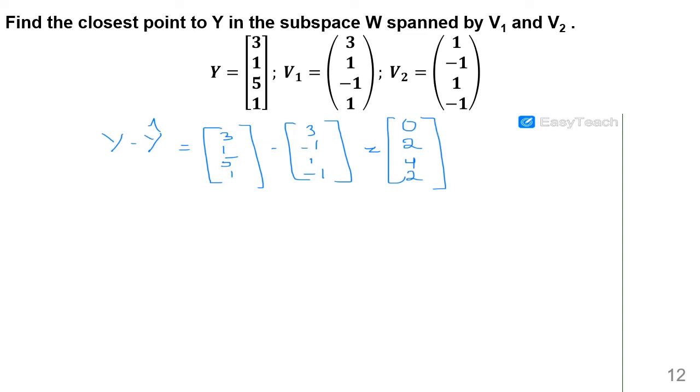We are supposed to find the closest point to y in the subspace, so we need to find the length of y minus y cap. So y minus y cap will give me the square root of 2 square plus 4 square plus 2 square. That gives me square root of 24.